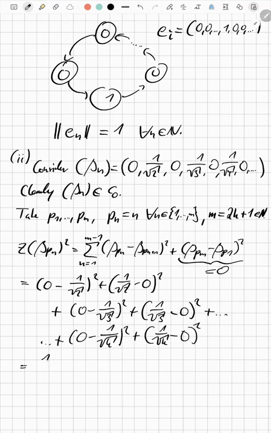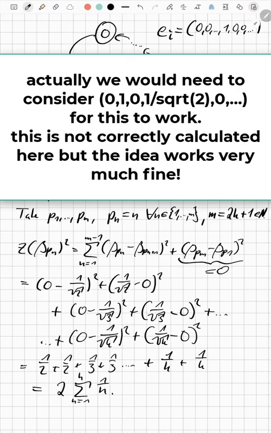And this is just 1/2 plus 1/2 plus 1/3 plus 1/3, and so on, plus 1 over k plus 1 over k. And this is obviously, in the short notation, 2 times this sum right here.